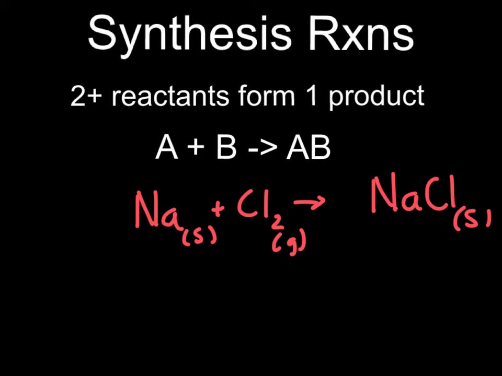When we balance this out, we need 2 sodium chlorides because of our 2 chlorines, which means we need 2 sodiums as our reactants in order to be balanced. Make sure you write this down on your synthesis reactions tab before you move on.